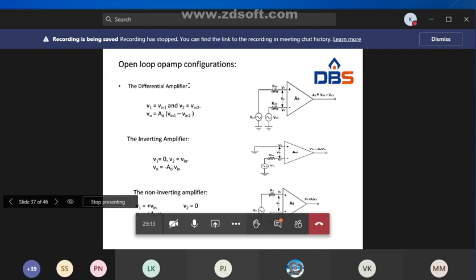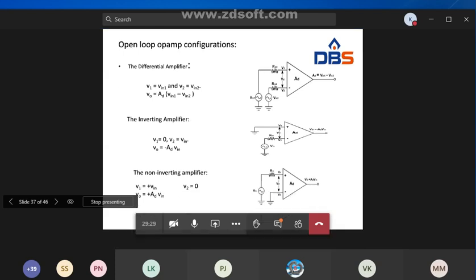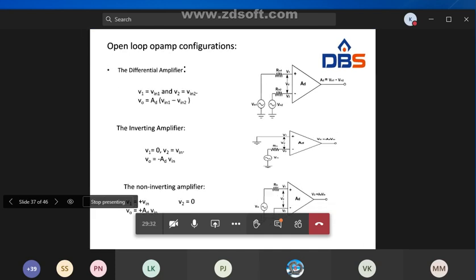Right, so from this the output will be V0 equal to AD into Vin1 minus Vin2. So these are the open loop op-amp configurations: inverting amplifier, non-inverting amplifier, and differential amplifier.